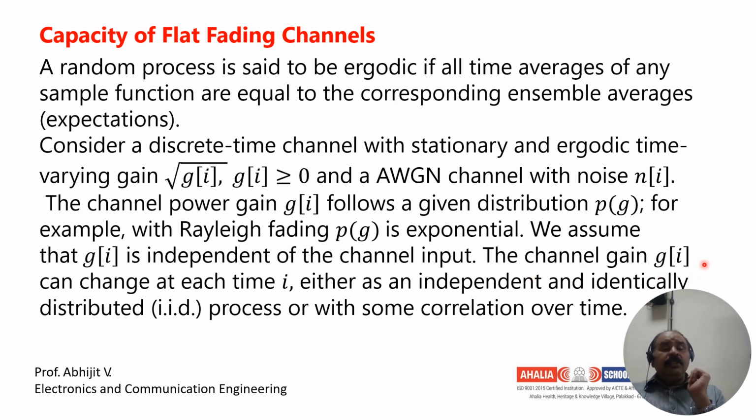The channel gain g of i can change at each time i, either as an independent and identically distributed process or with some correlation over time. So what is g of i? g of i is the time varying gain of the channel at different points of time.